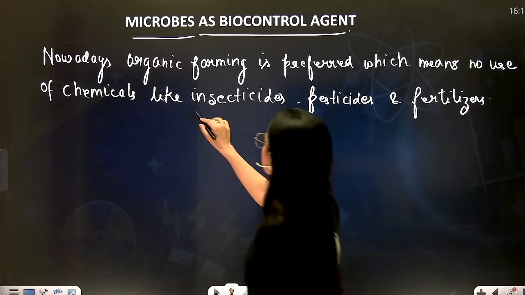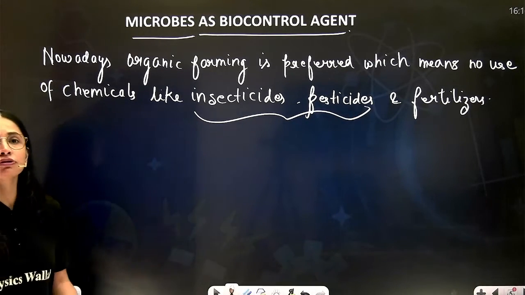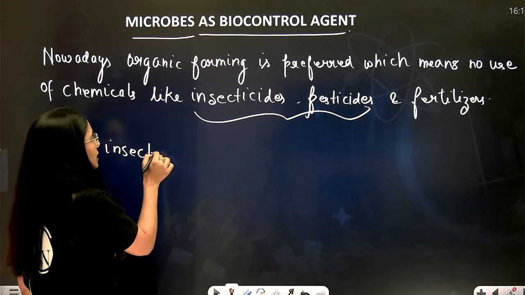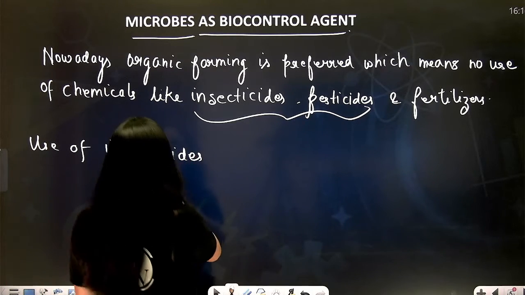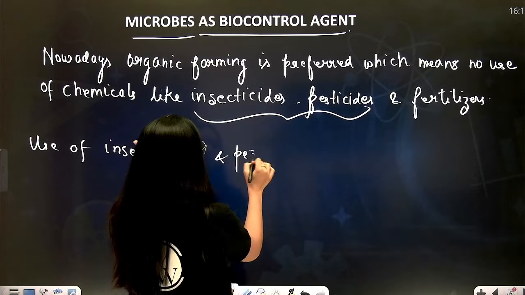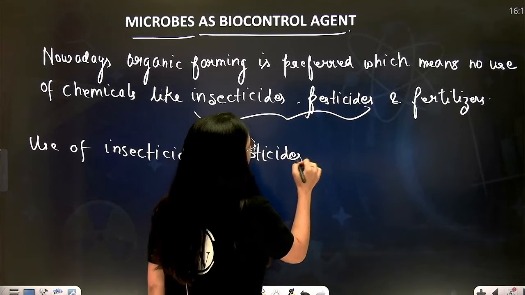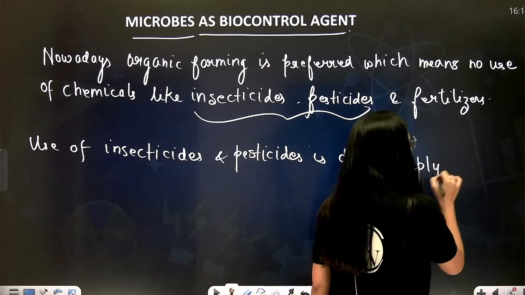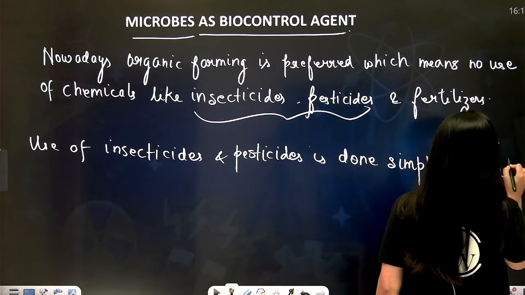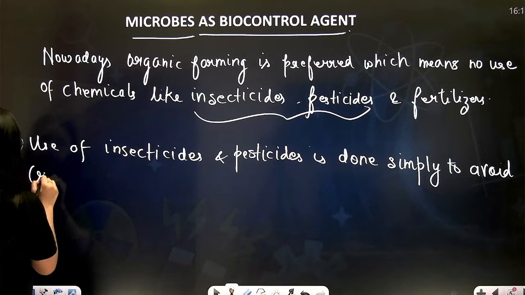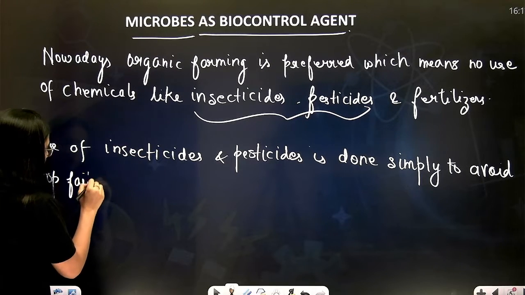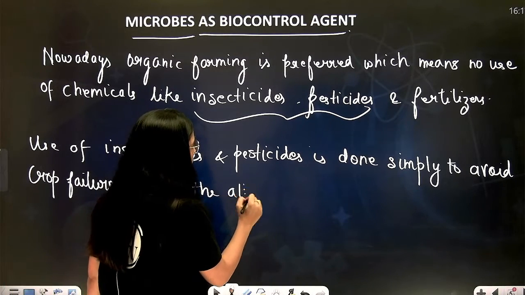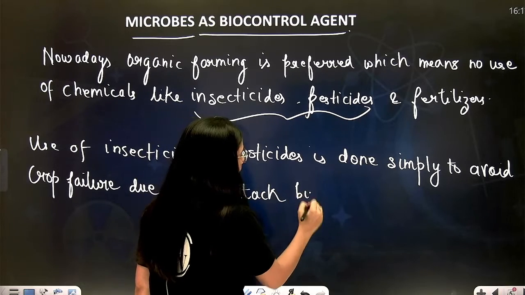Right? Now, why do we want to use these insecticides and pesticides? So the next point is, use of insecticide and pesticide is done simply to avoid crop failure due to the attack by pathogens.